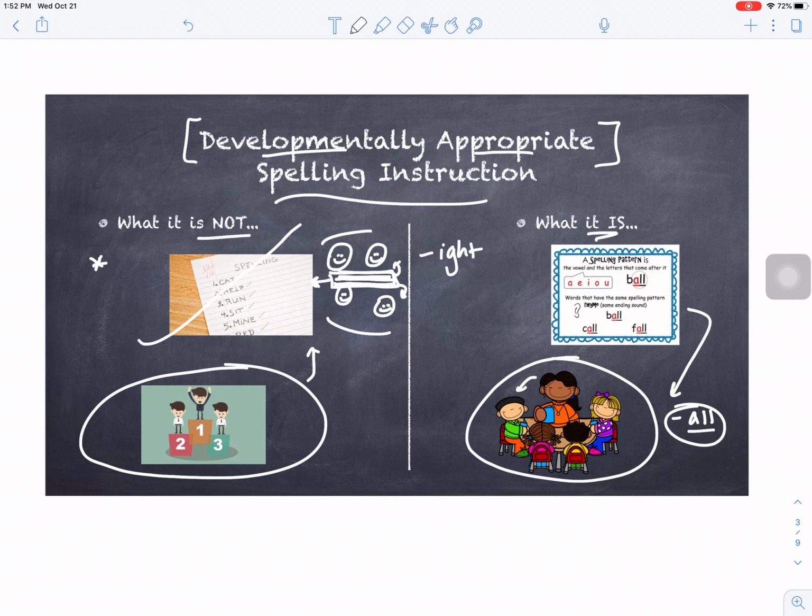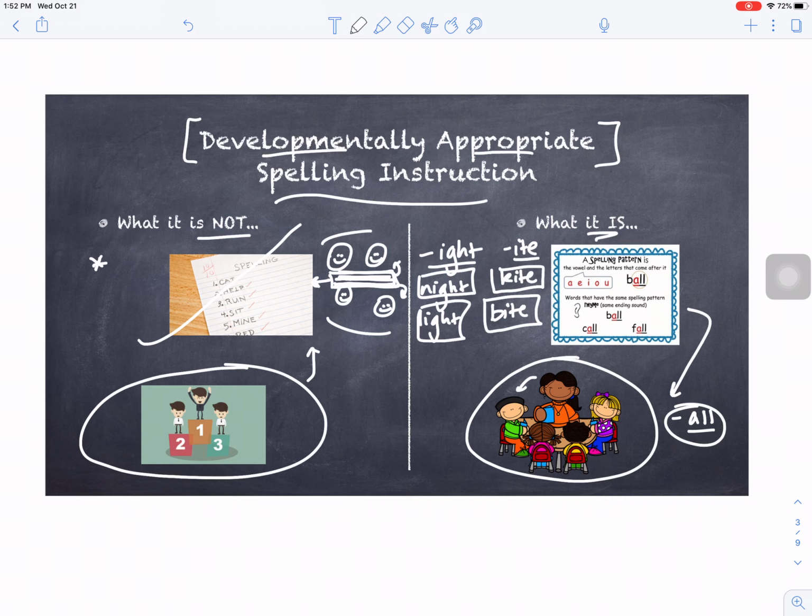So they're sorting maybe IGHT words and ITE words. So they might have night, they might have kite, light, bite, and they've got these on cards, and they're sorting them into groups.